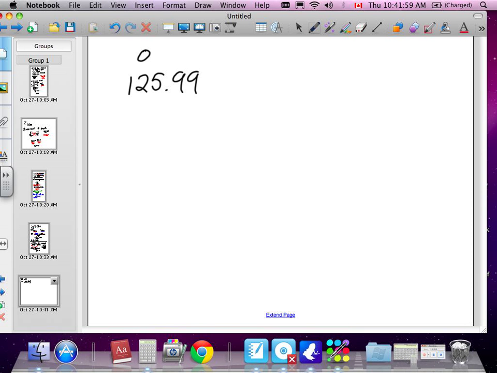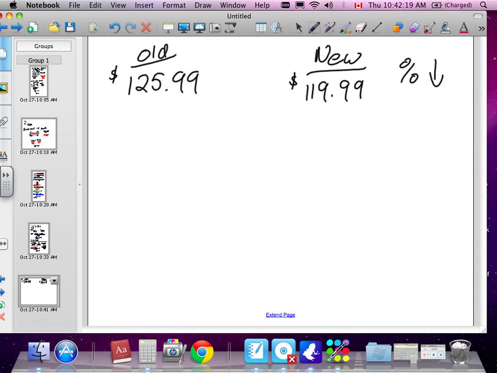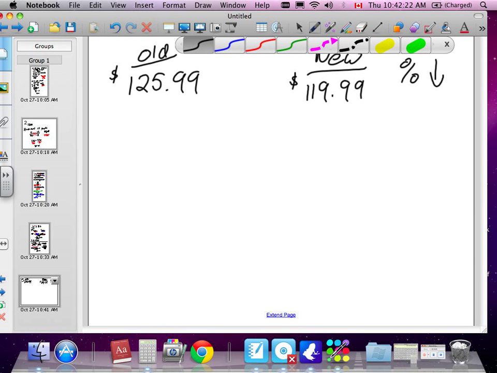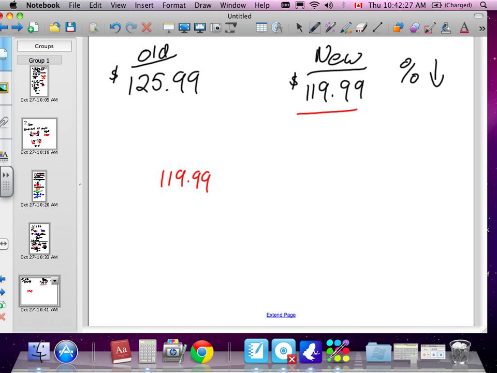Okay, let's say our old price was still $125.99. The product went on sale, okay, for $119.99. We need to find the percentage decrease. So we take our new price, if you guys remember from the other formula, $119.99.